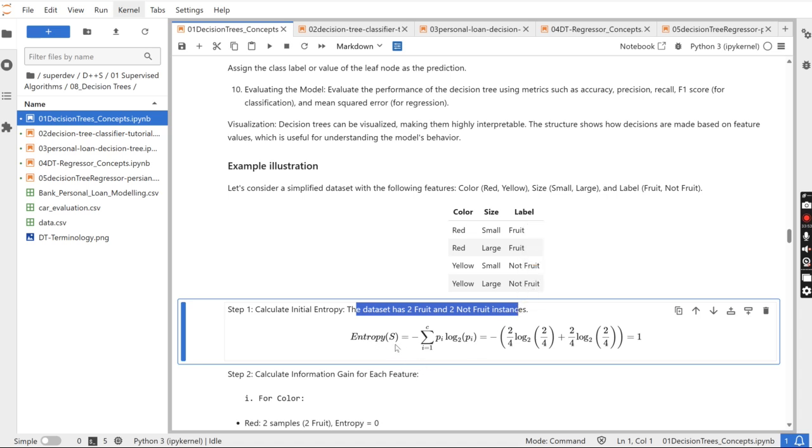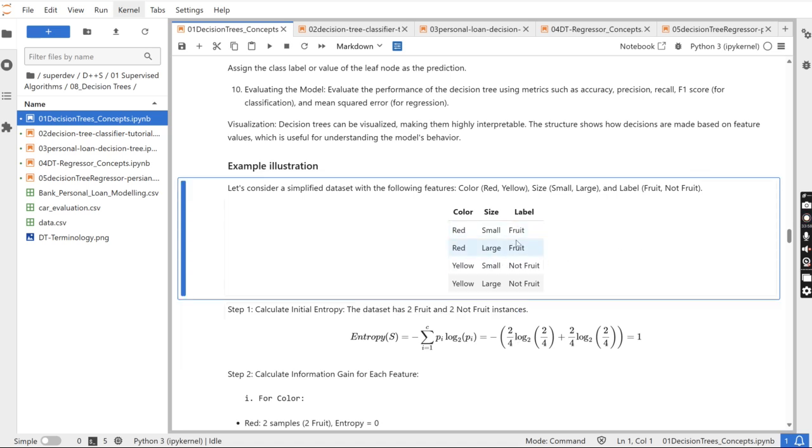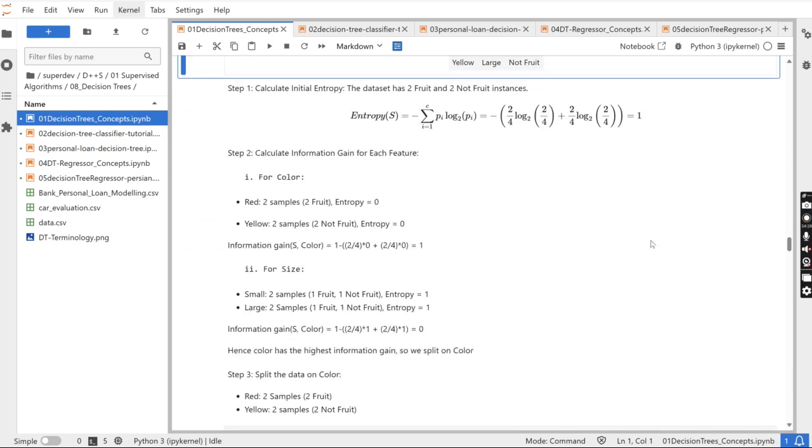So the entropy of the entire data set S is given by: how many are fruits? 2, divided by the total of 4. 2 by 4 into log 2 of 2 by 4, plus how many are not fruits? That is also 2 by 4, 2 by 4 log 2 of 2 by 4. Very simple, right? If you do the complete sum, it is 1. So entropy is 100% in the very first split.